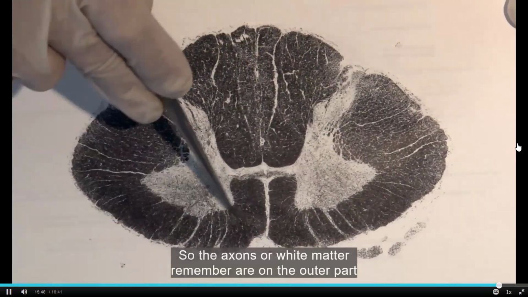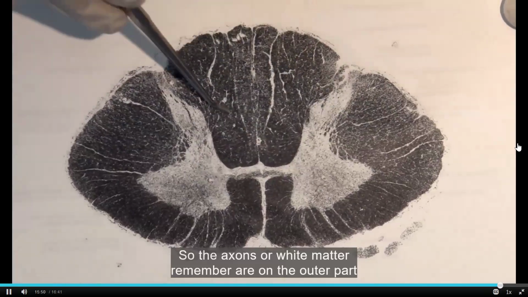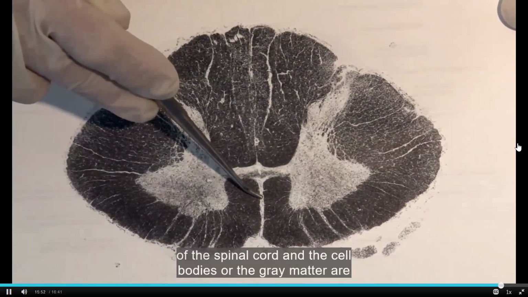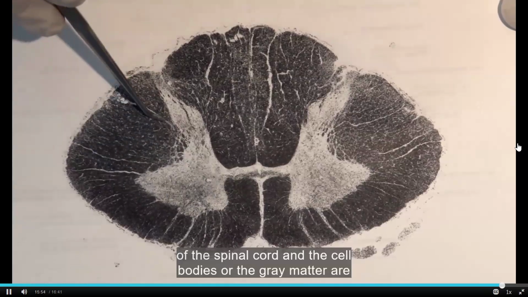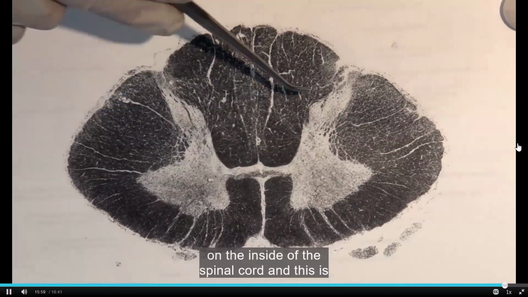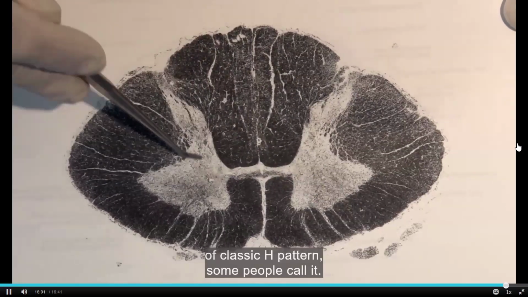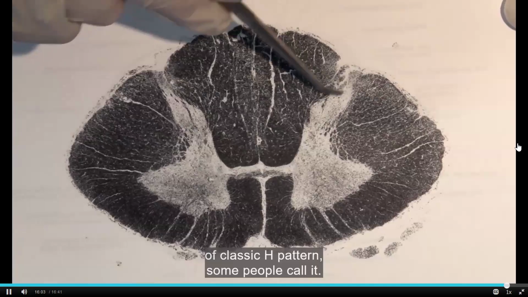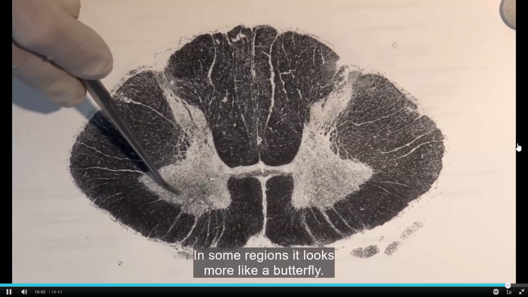So the axons, or the white matter, remember, are on the outer part of the spinal cord, and the cell bodies, or the gray matter, are on the inside of the spinal cord. And this is where we get this sort of classic H pattern. Some people call it, in some regions, it looks more like a butterfly.